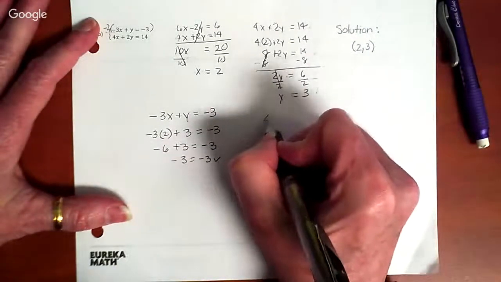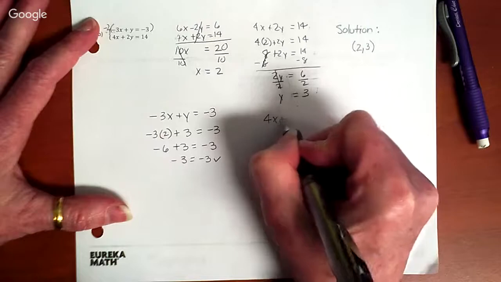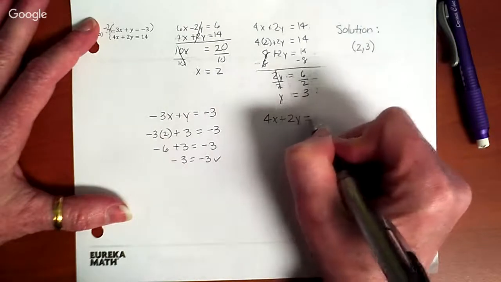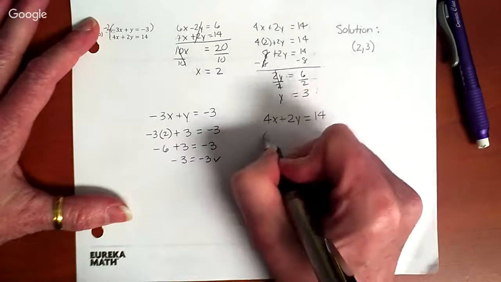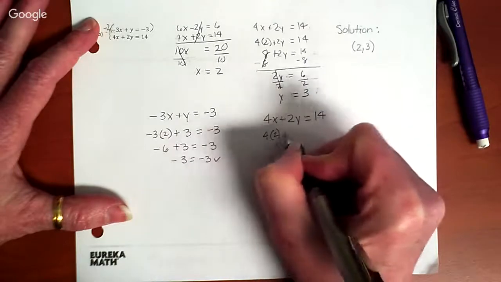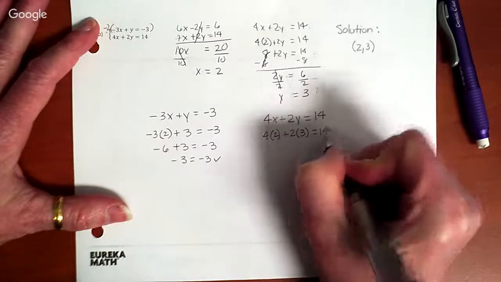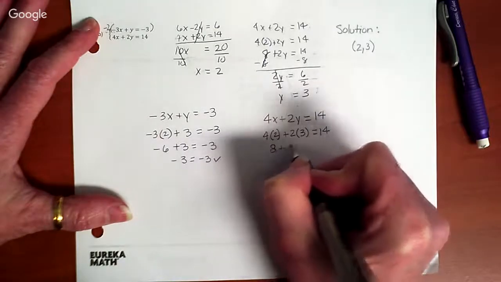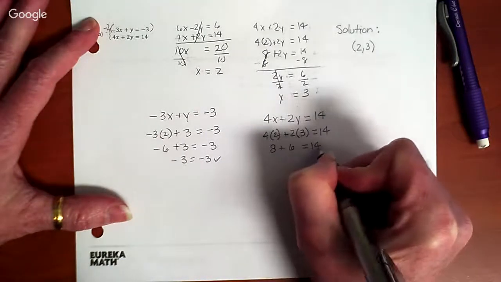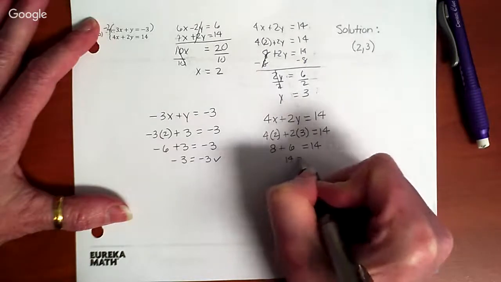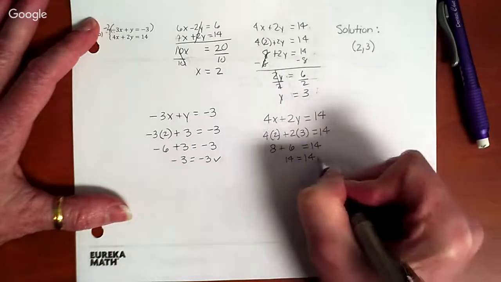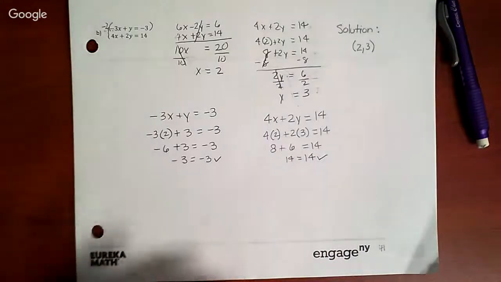We have 4x plus 2y equals 14. So we have 4 times 2 plus 2 times 3 equals 14. So we have 8 plus 6 equals 14. 14 equals 14. And that checks. Okay?